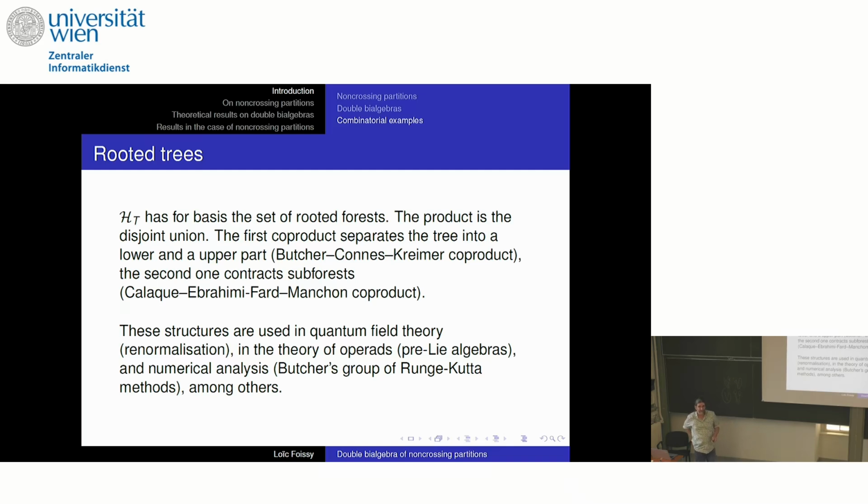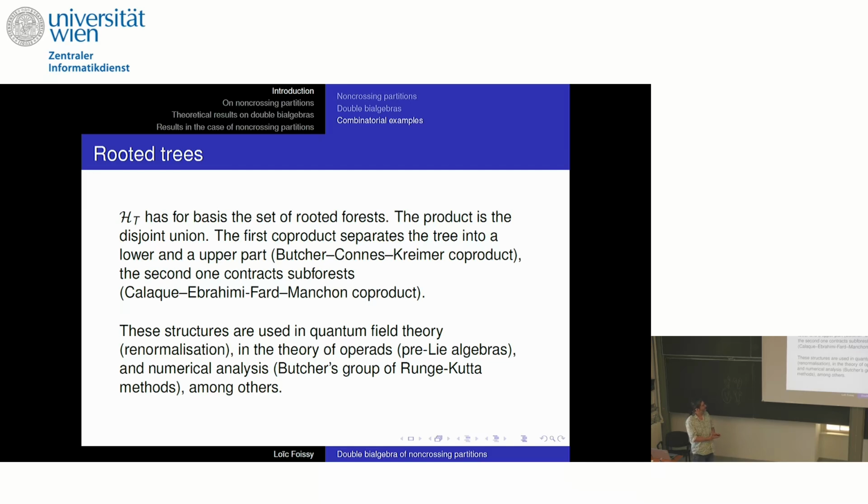It turns out that, in fact, this algebra was already known, but not in this form. It appeared in a paper by Butcher, maybe in the 60s, where he described a group structure on Runge-Kutta methods. The problem is that Butcher didn't know the formalism of algebras. So he worked with formal series of trees, which is really complicated to understand, but in fact, it is the same object.